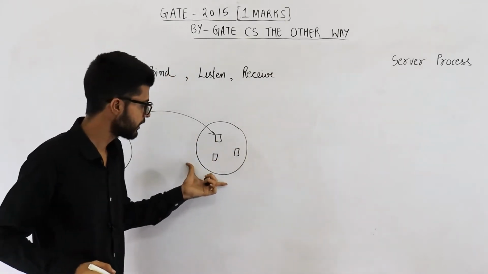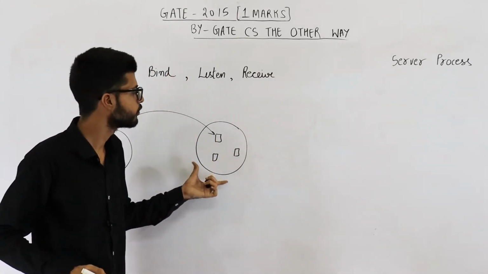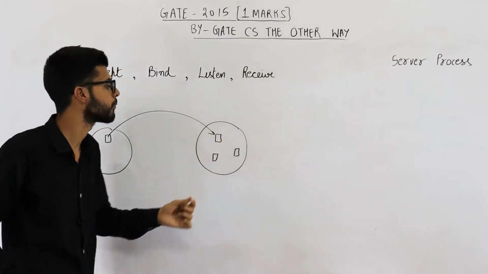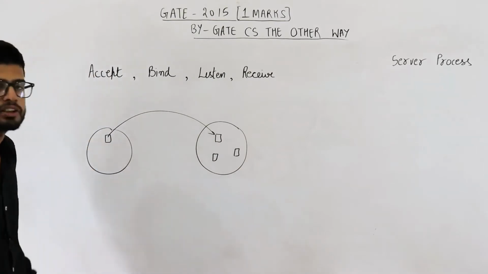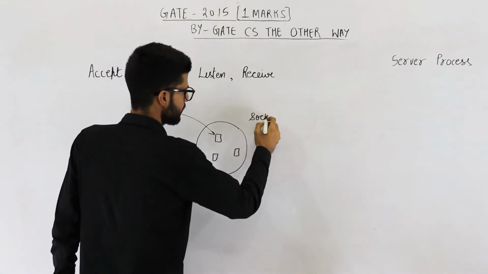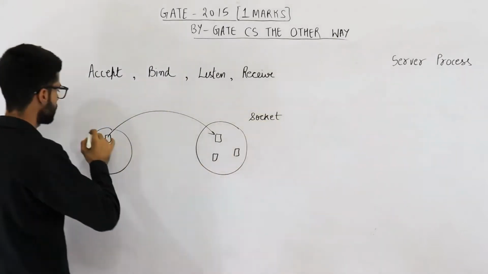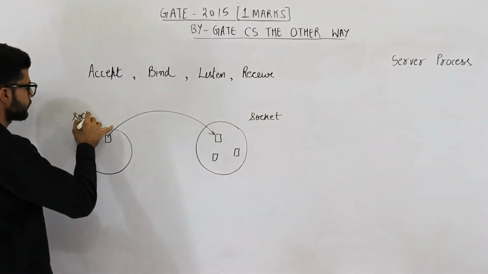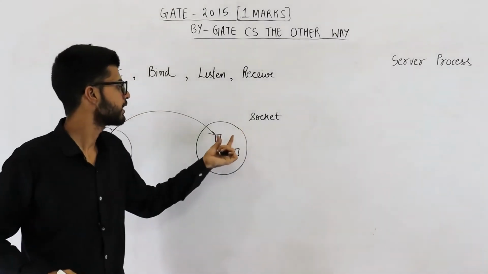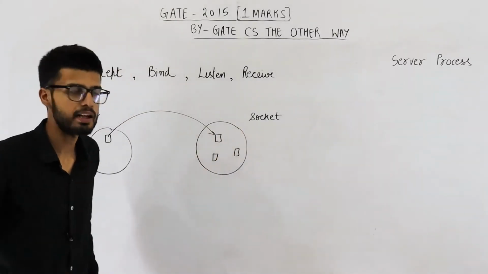So after identifying this machine uniquely, you want to identify a process within that machine uniquely. So for this communication, we need sockets. There will be a socket in this machine as well as this machine. So sockets can be used to identify a process uniquely in entire world.